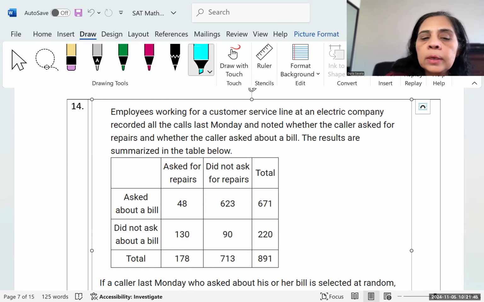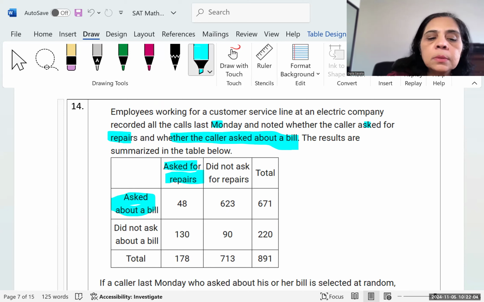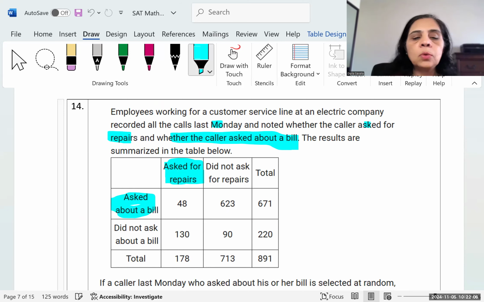So here the results are summarized, right? So what we are talking about for this, it says last Monday, noted whether the caller asked for repairs, and asked for bills. So these 2 things we need to focus on, all right?